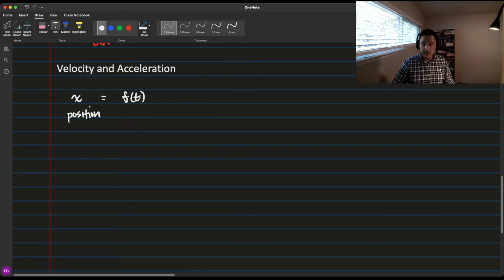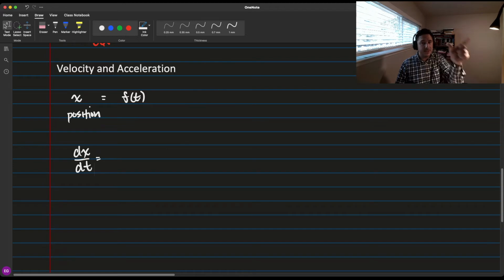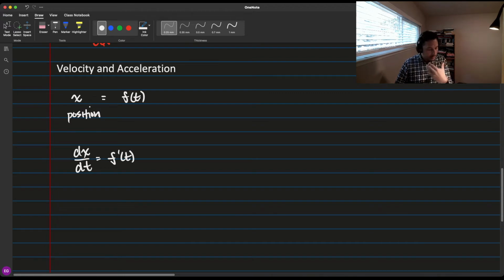Okay, so with this equation, when you take the derivative, you can turn it into a differential equation, dx/dt, because position is dependent upon time, so you take the derivative with respect to time. That'd be equal to f prime of t. Or you could write it as x prime of t equals f prime of t.